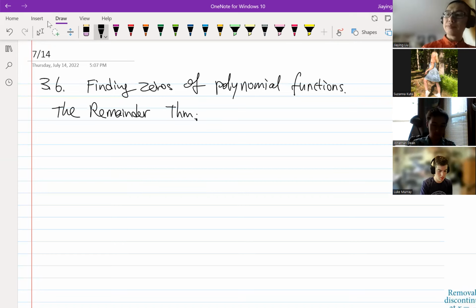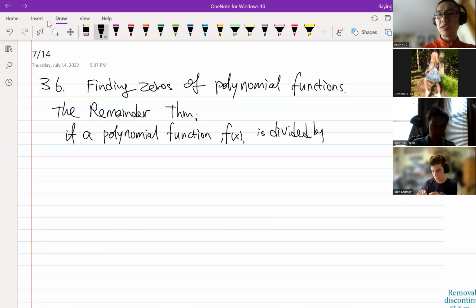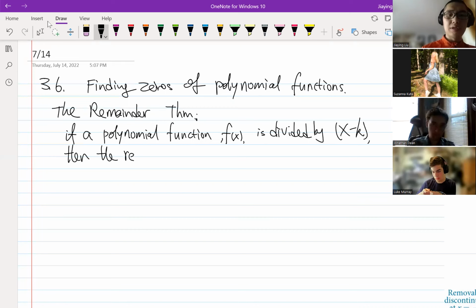Which says, if a polynomial function f of x is divided by, let's just say, x minus k, then the remainder, and as you can tell, we already did long division and synthetic division, one of the two approaches will work.